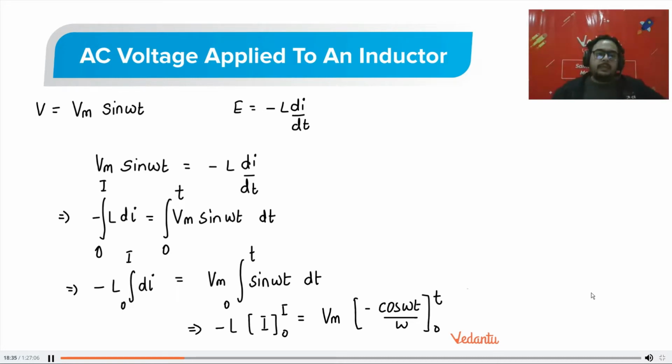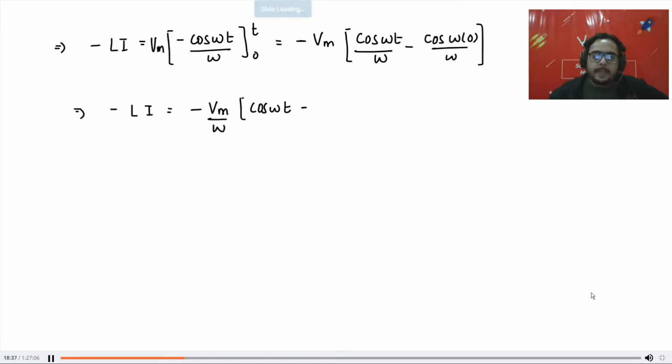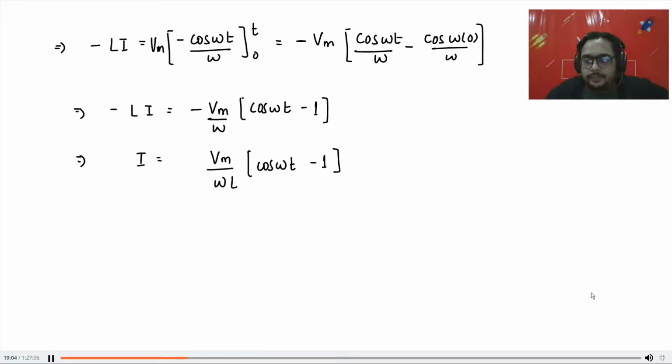I'm correct that way. So that is what we are going to get. So what is the value of current that I'm getting? Current is minus Vm by omega L, minus will get cancelled out, into cos omega t minus 1. Is that clear?